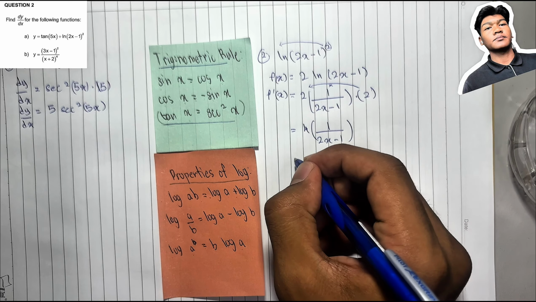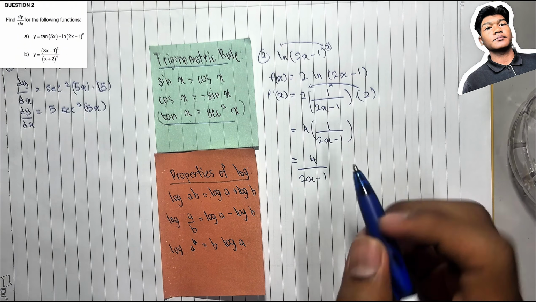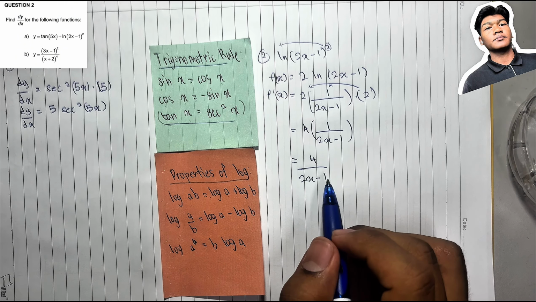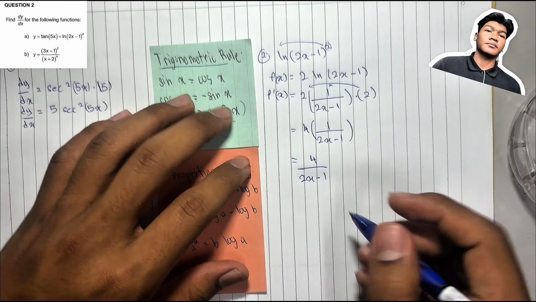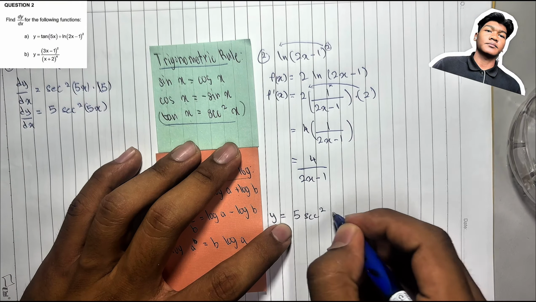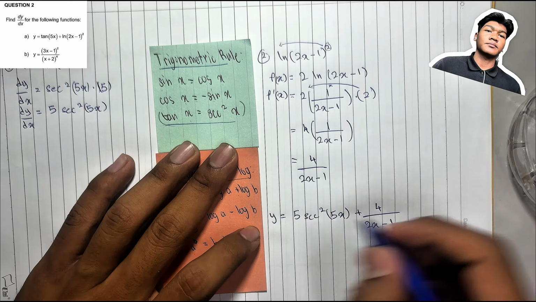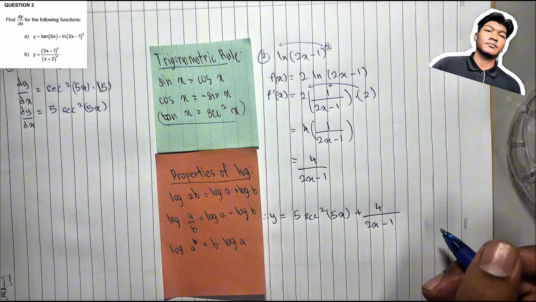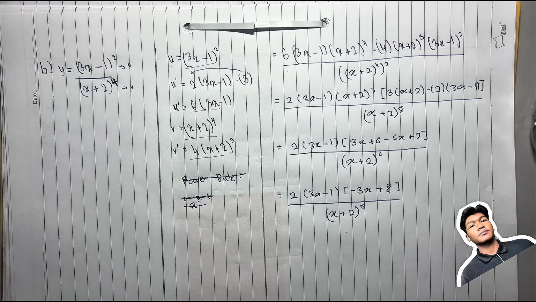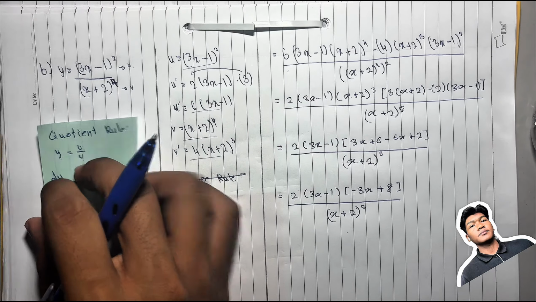Then we simplify it. After this second step, we write it in the full function. So this is going to be the final answer for question 8. So in this equation, we're going to use the equation rule.